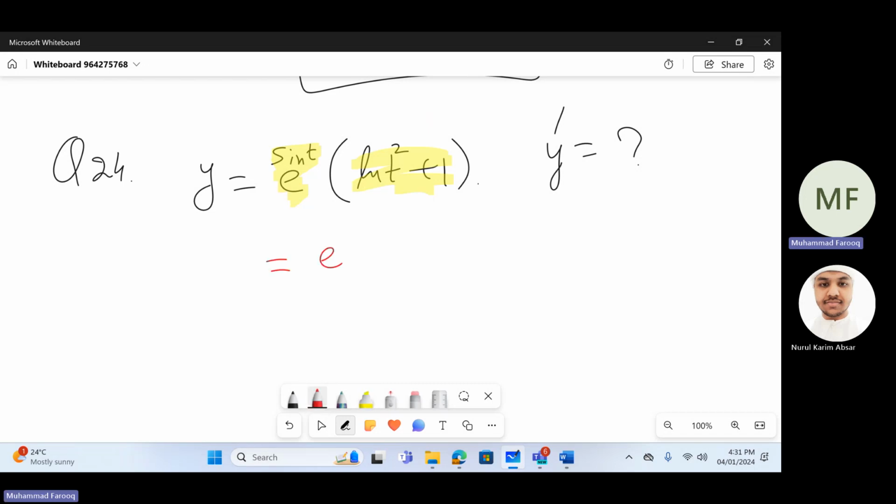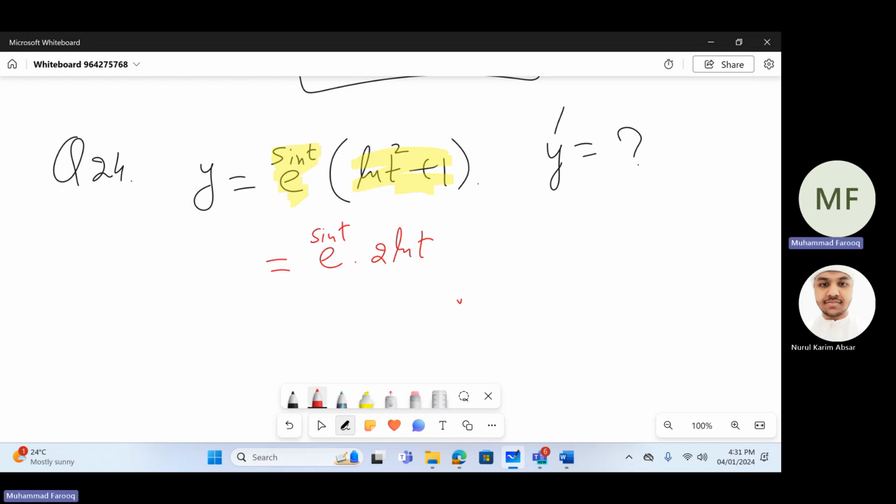It means e power sin t, and this is 2 ln t. Yes or no? Question: how did I get 2 ln t? It's a property, because this is the argument. The argument has a power. This is natural log, it has argument t squared, and the power can come down. If the argument has a power, you can apply it.